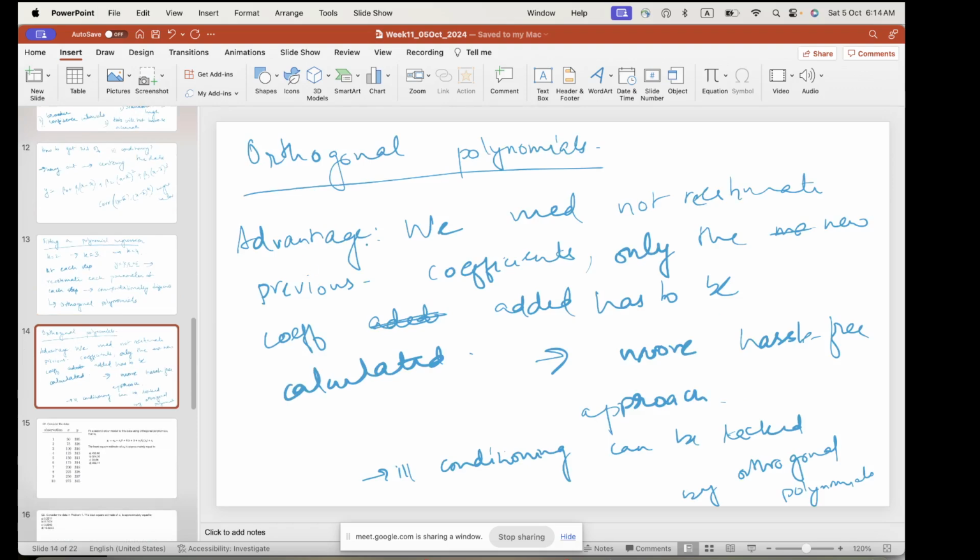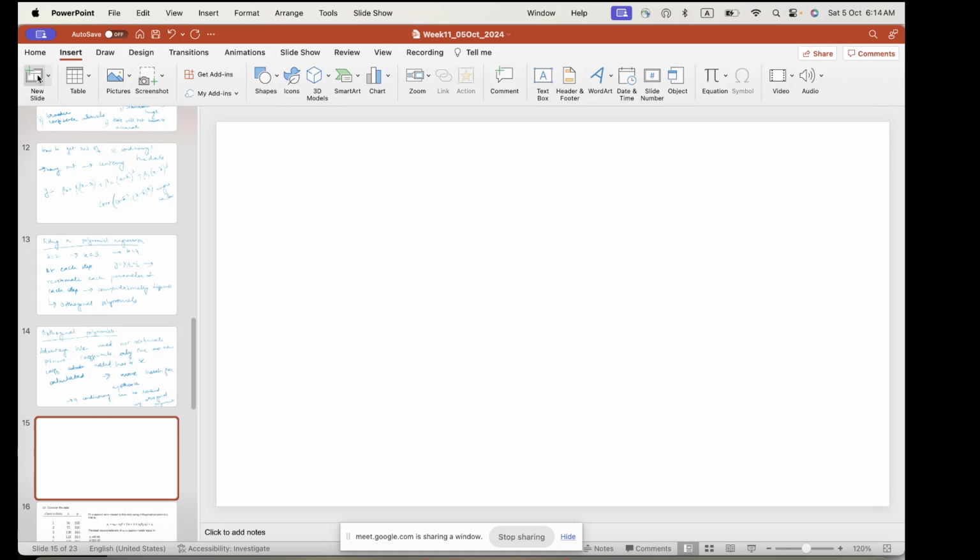Alright, now we were talking about orthogonal polynomials. Alright, so what do we do here? So this was my original model, let's say beta naught plus beta 1 x1 plus beta 2 x2 plus beta k xk.